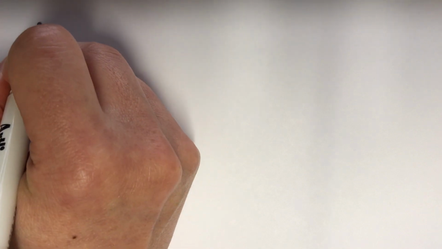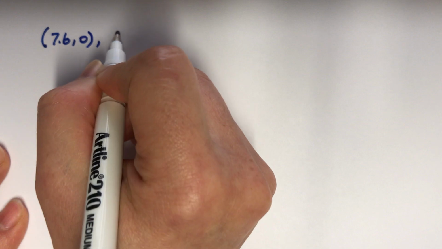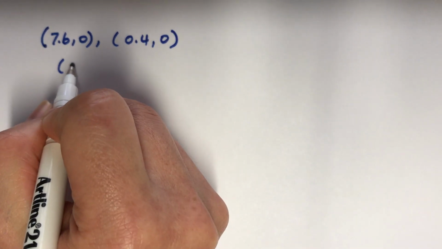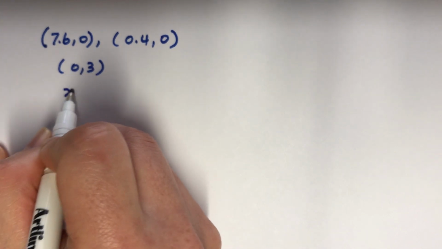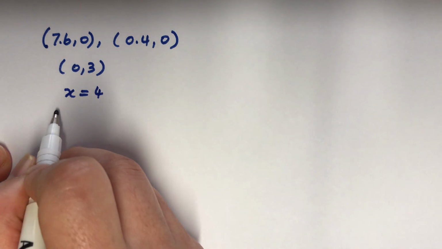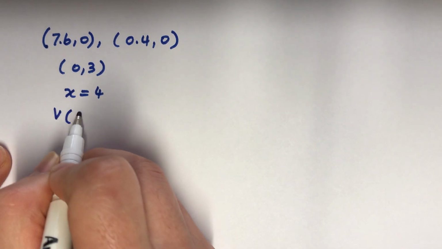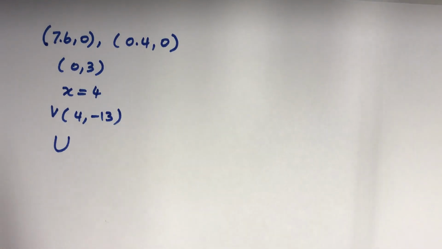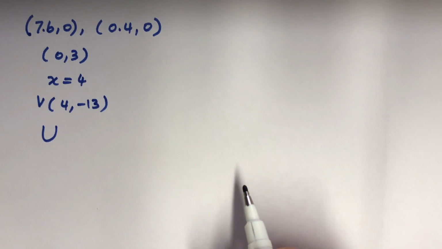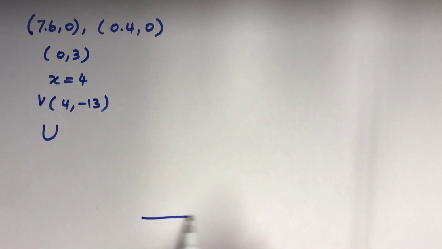So my x-intercepts were 7.60 and 0.40, and then my y-intercept was 0 and 3, and then my axis of symmetry was that, and then my vertex was 4, minus 13. It was concave up. Excellent. So I'm going to do it roughly again. Okay, roughly. So you probably need to do it a bit more carefully.